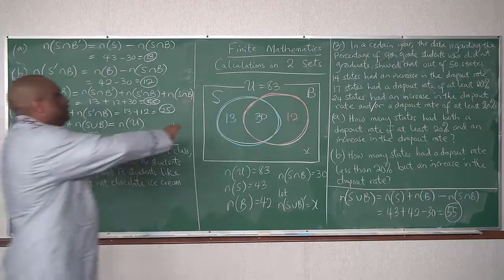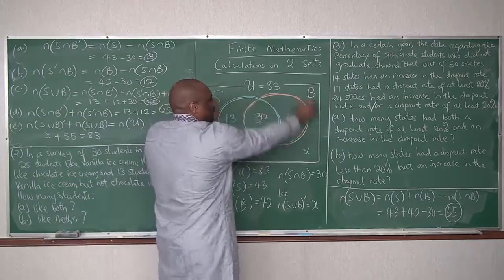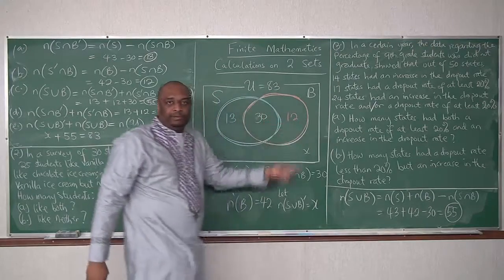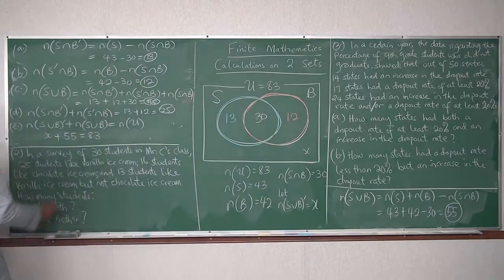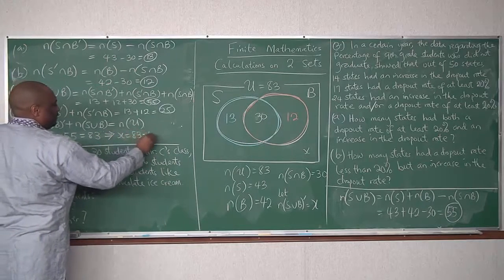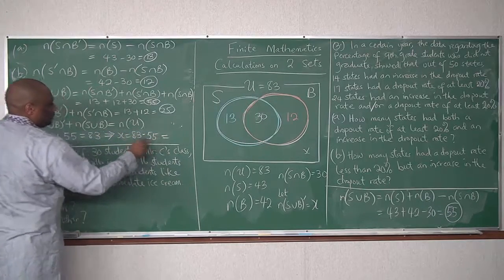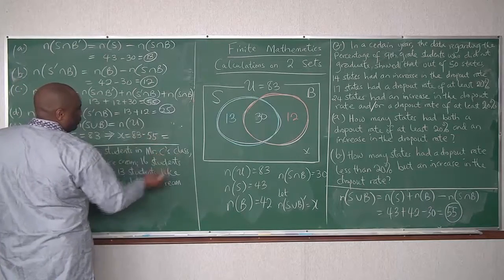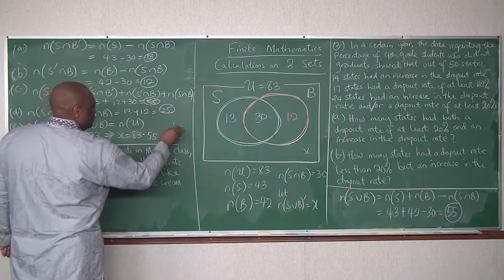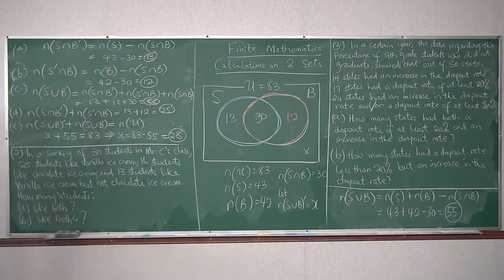So the union plus outside the union, which means the complement of the union, will give you the universal set. So X is 83 minus 55, which is what? 13 minus 5 is 8, and 7 minus 5 is 2, so 28. And that's it. Alright, we're done with question 1.